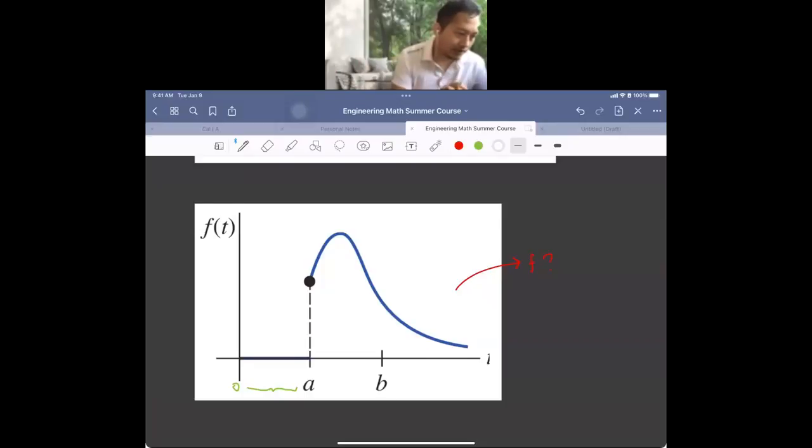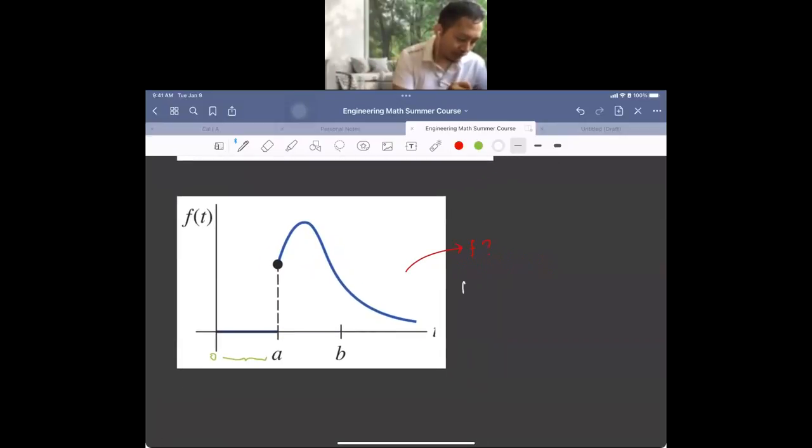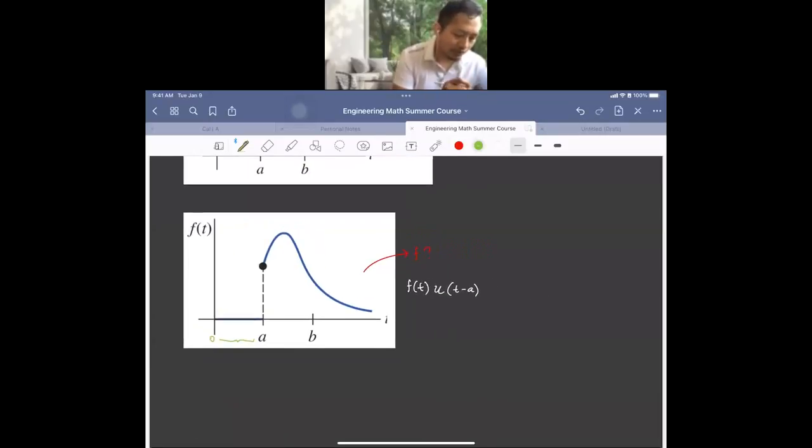So we can say that this is f of t multiplied with the Heaviside of t minus a. Remember that according to our definitions, the unit step function might have two different values: it's getting 0, or it's just as it is, equal to 1.